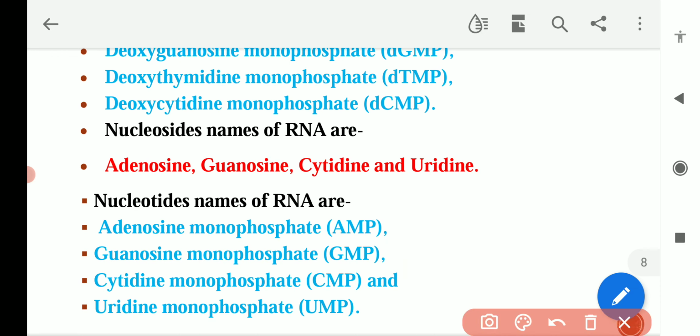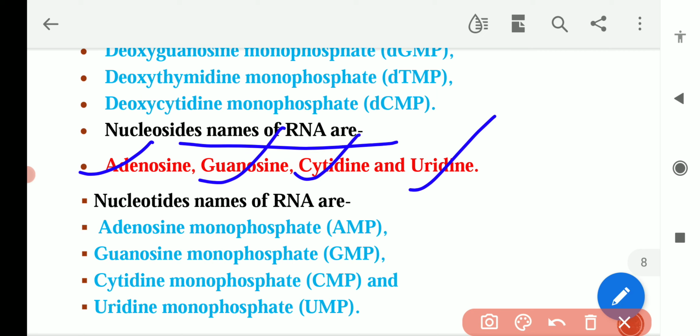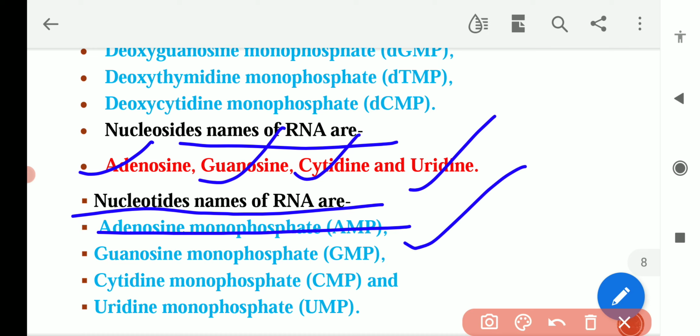Likewise, nucleoside names of RNA will be adenosine, guanosine, cytidine and uridine. Likewise, nucleotide names of RNA will be adenosine monophosphate. Only deoxy will not be there here, because deoxy is for DNA, because their sugar is deoxy.